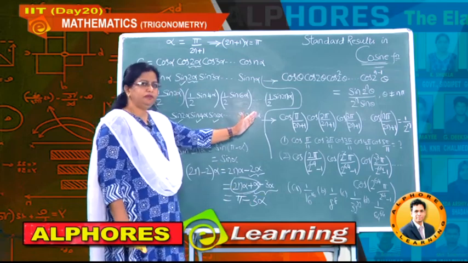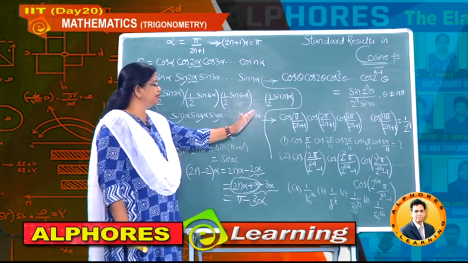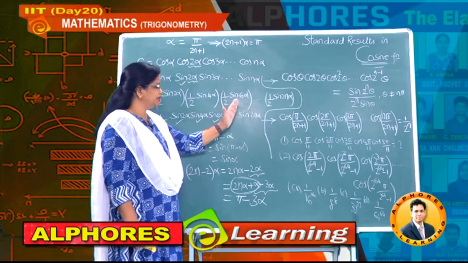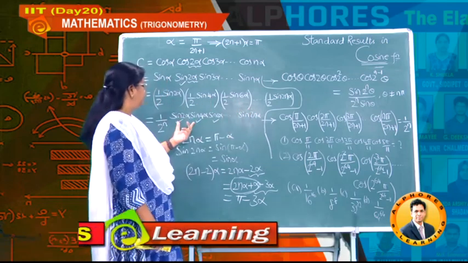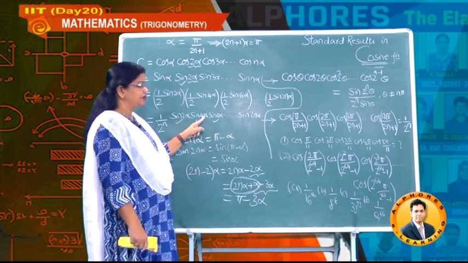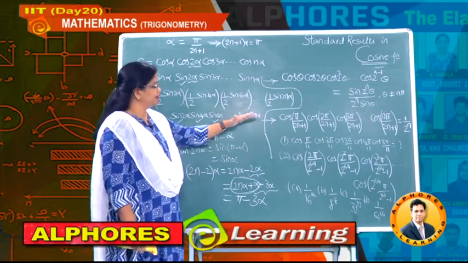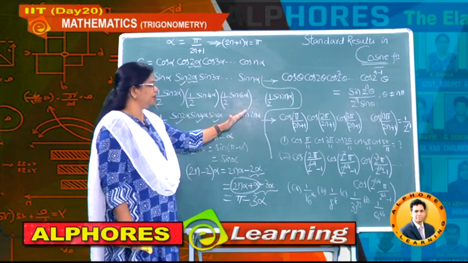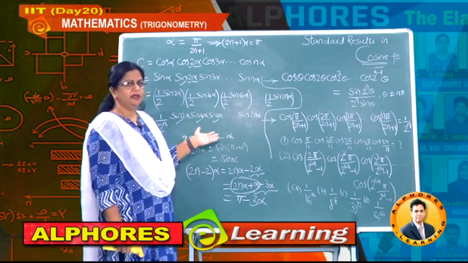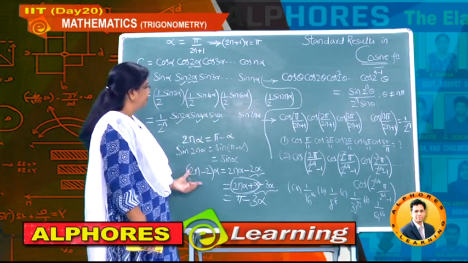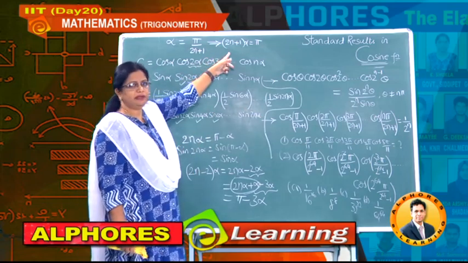So you got from the reverse order, students, observe sine alpha and next sine 3 alpha. So whatever odd coefficients are missing, they are coming in another way from the end. So sine alpha, sine 3 alpha, sine 5 alpha etc.